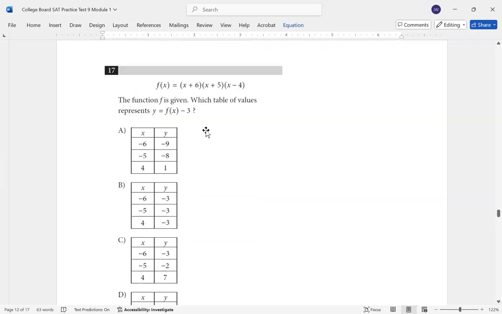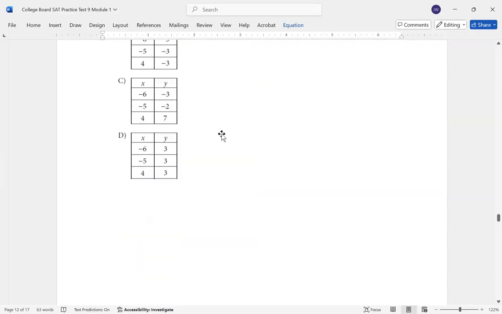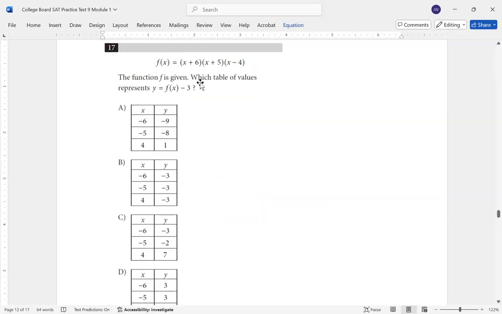And the reason they're having you do that is because when you plug those numbers in, well, let's actually do this. We have f of x is equal to x plus 6 times x plus 5 times x minus 4.